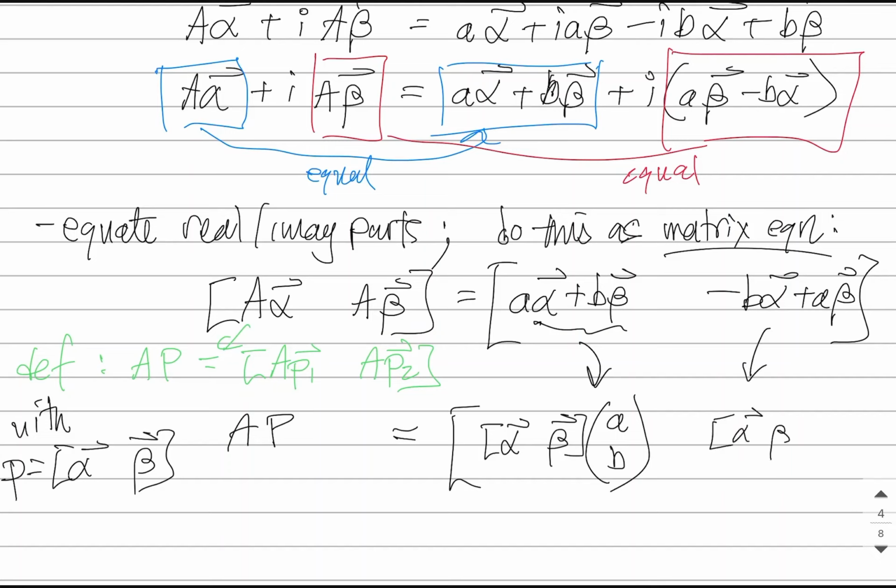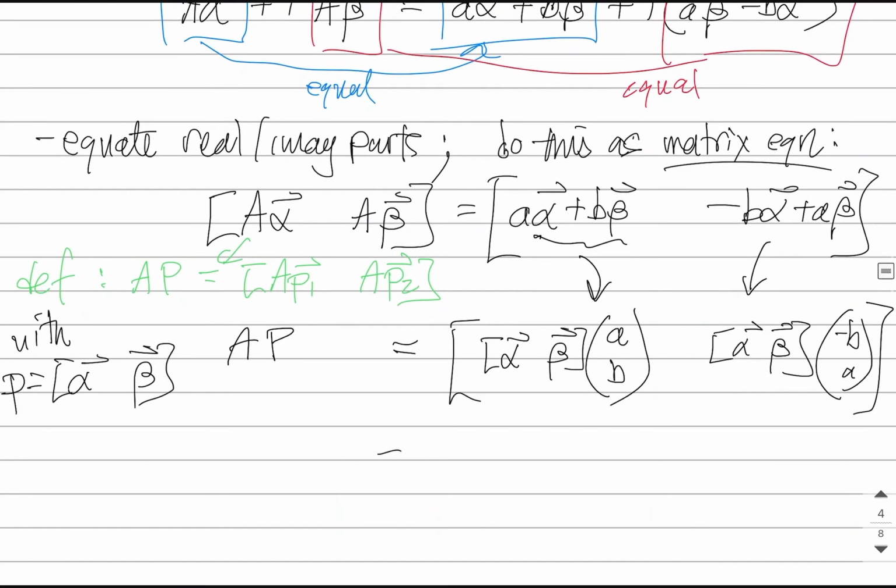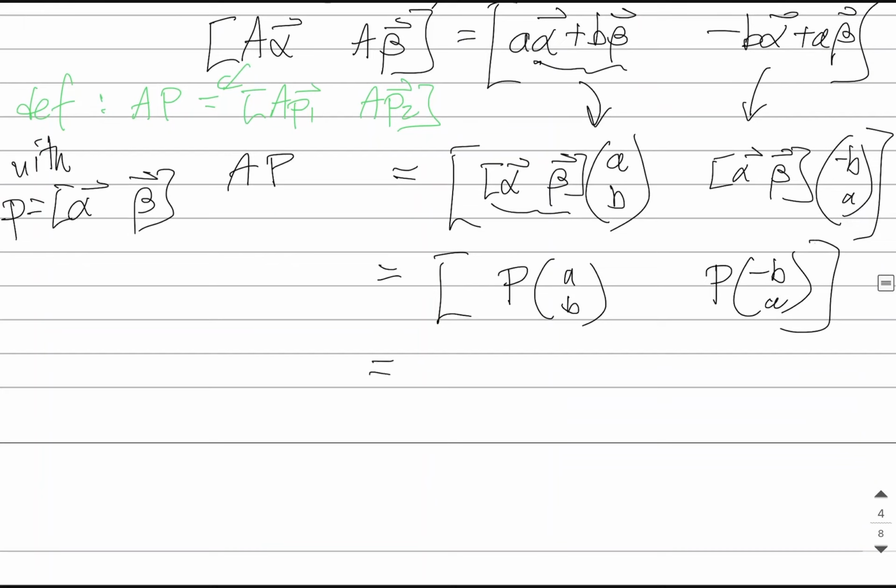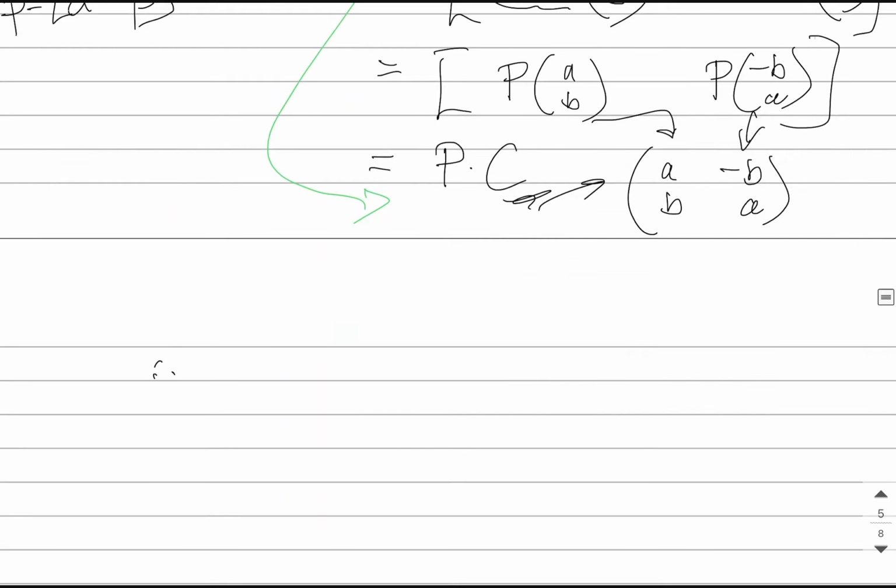Alpha, beta as a little matrix times negative B, A. This is the matrix P times A, B, and then the second column would be the matrix P times negative B, A. And so by definition again, this thing right here is P times some matrix C, where the first column of C is this first thing right here, A, B, and the second column is negative B, A. Here's what we end up with.